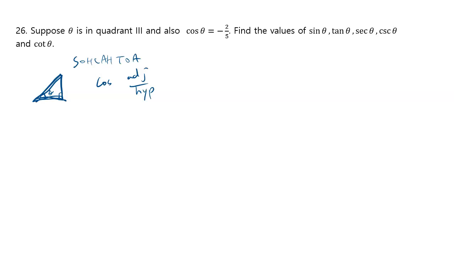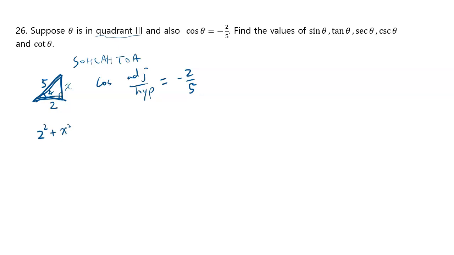So since this is 2 over 5, negative 2 over 5, we're going to ignore the sign because we can figure out the sign later by using the fact that it's in quadrant 3, right? So we're just going to think of adjacent as 2. This is adjacent. Hypotenuse is 5. And just put this as x and figure out x by using the Pythagorean theorem.